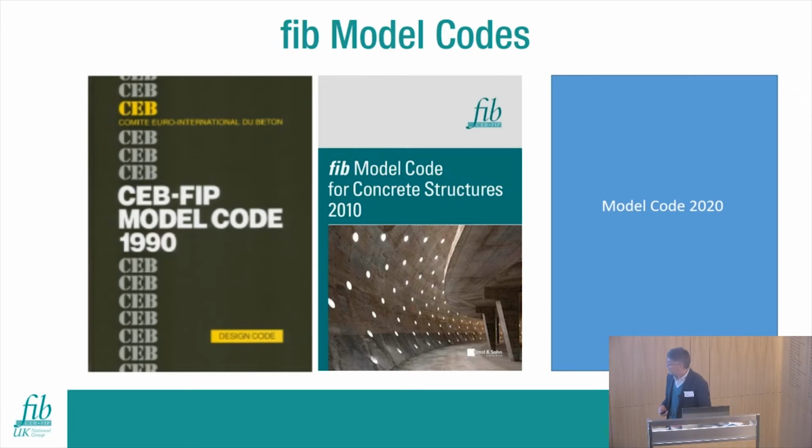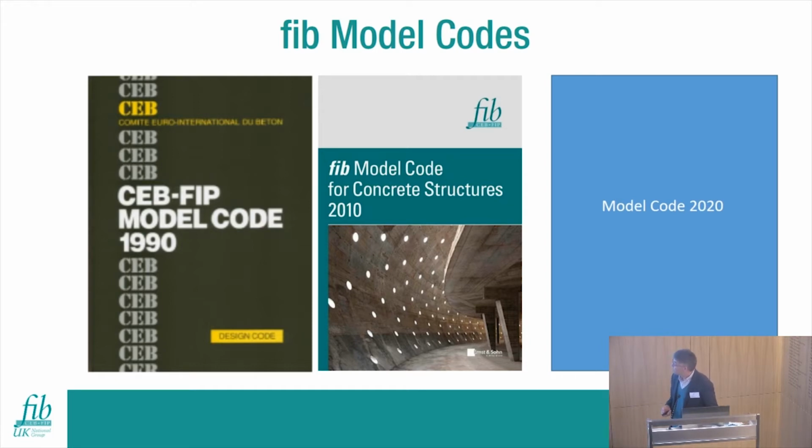In terms of outputs, the model codes are a key output from the FIB commissions. So these present new developments and also serve as a basis for future design codes.